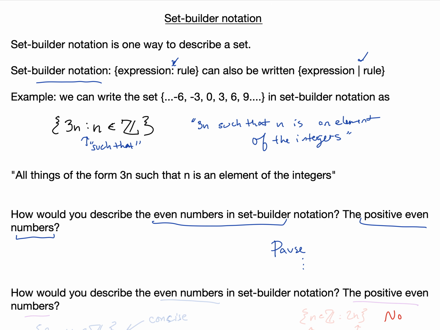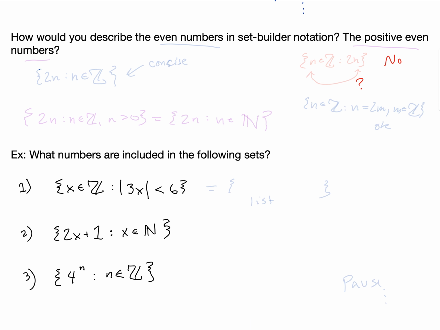All right, so the even numbers, we could write that as the set of integers 2n such that n is an element of the integers. So that is the set of even integers. And what about the positive even integers? Well, we could write that in different ways.